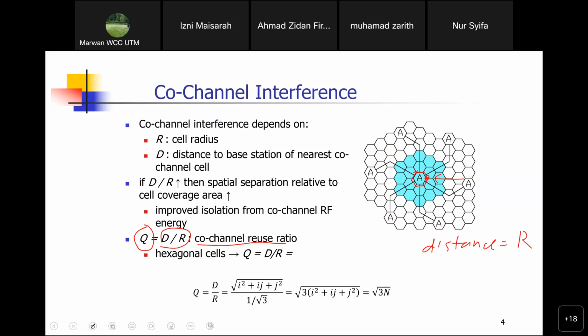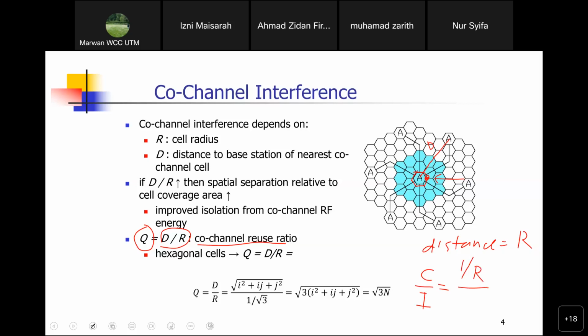Another one is your D. So you can see the carrier divided by interference, you can approximate it again using D. The carrier is proportional to 1 over R. Your carrier power is inversely proportional to your distance.